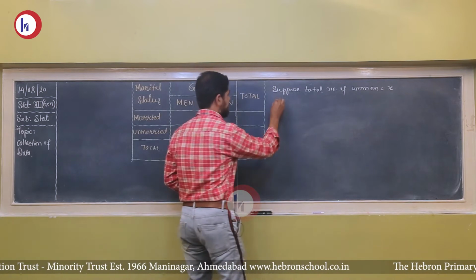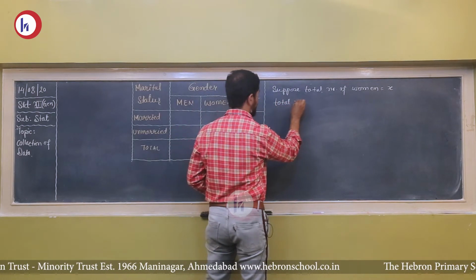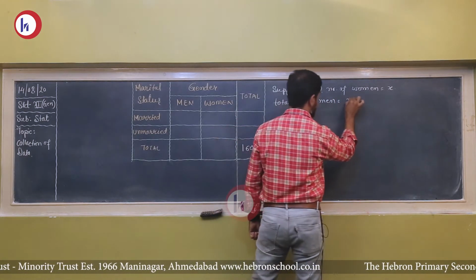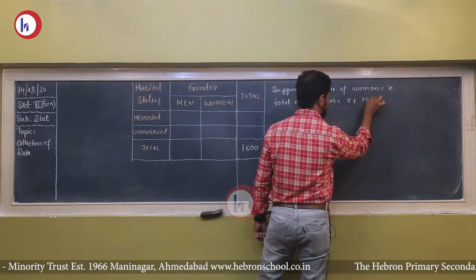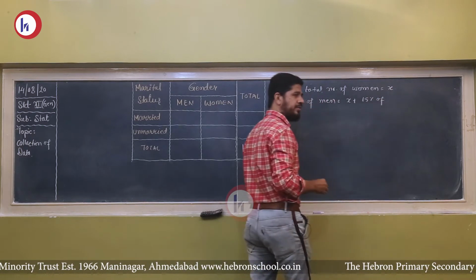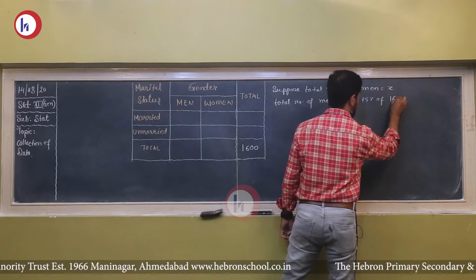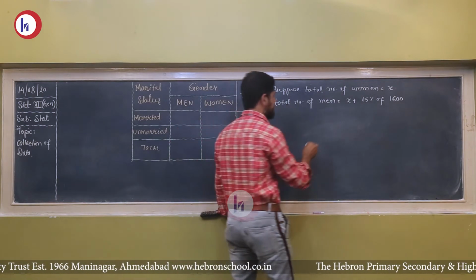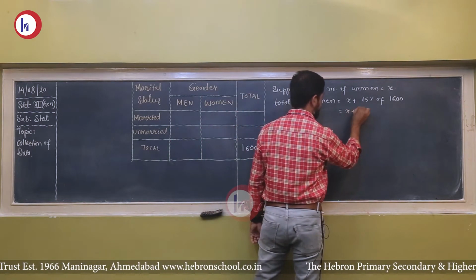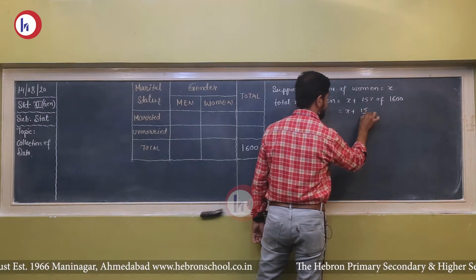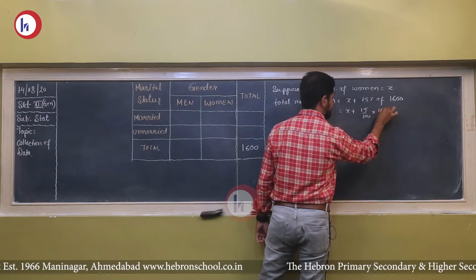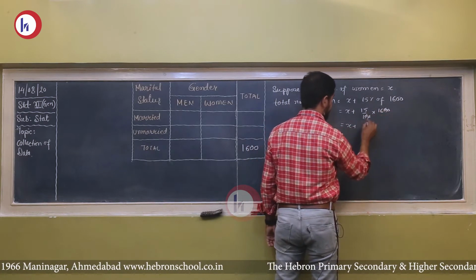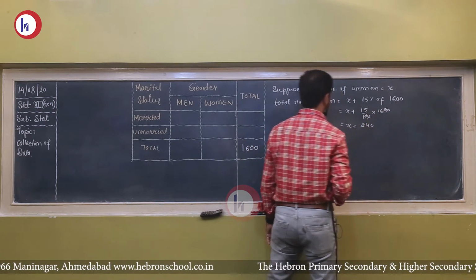The total number of men will be X plus 15% of the total number of employees. Now we have 1600 employees in an office. So X plus 15% means 15 divided by 100 of 1600. So X plus 240.